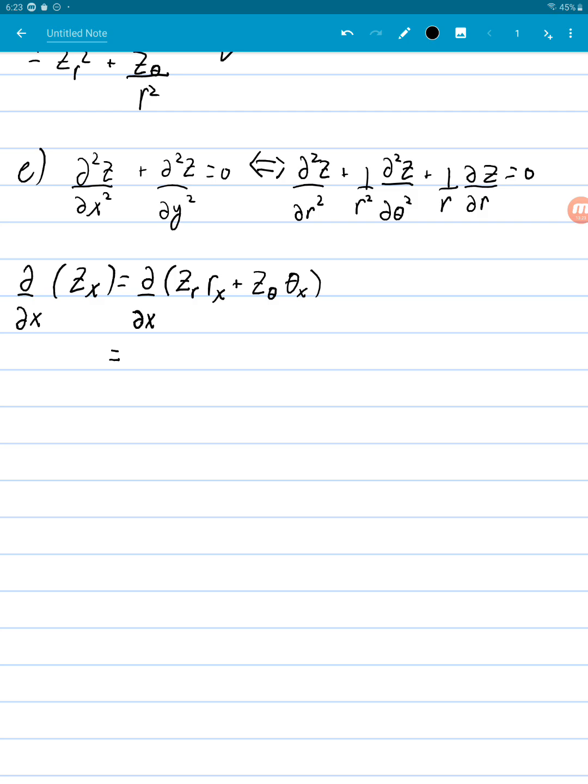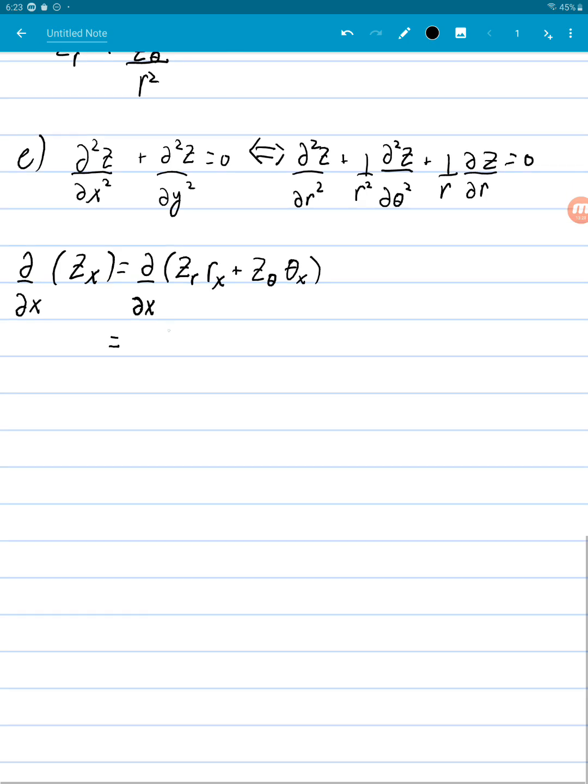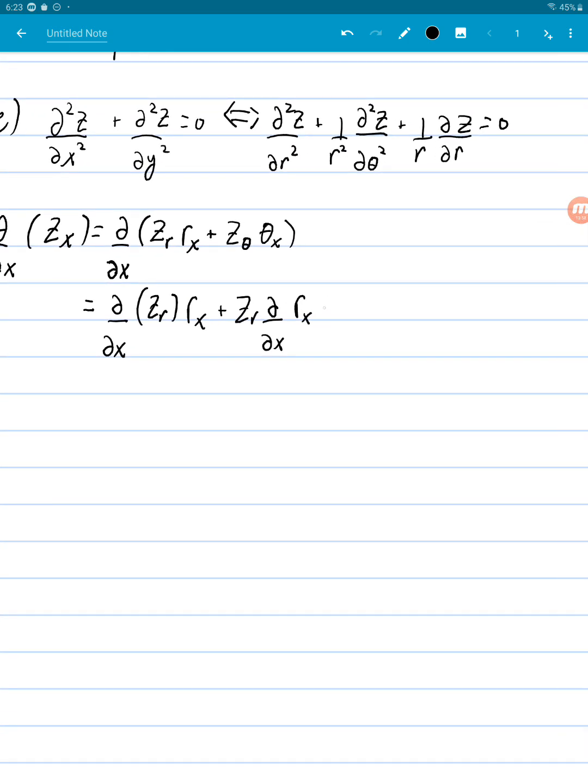Now, we need to apply the product rule as well as the chain rule. But first, what I'll do is apply the product rule. So, we'll have the partial derivative with respect to x of zr multiplied by rx plus z sub r times the partial derivative with respect to x of r sub x.